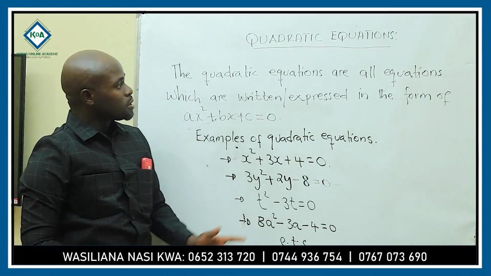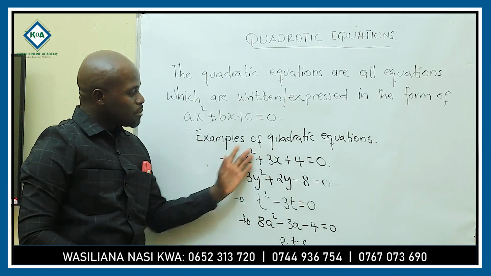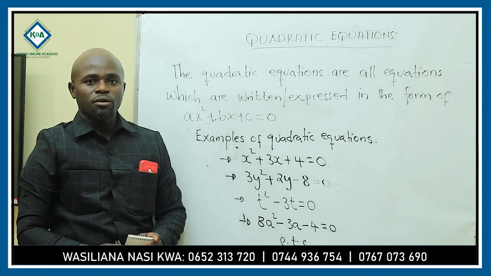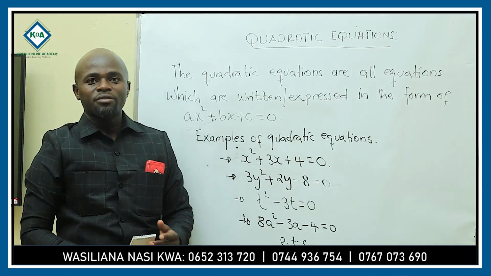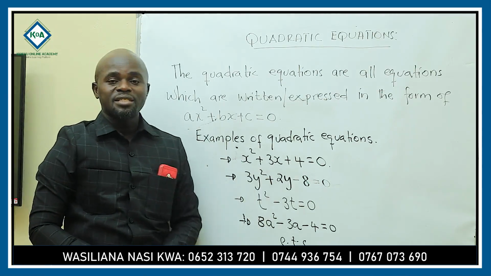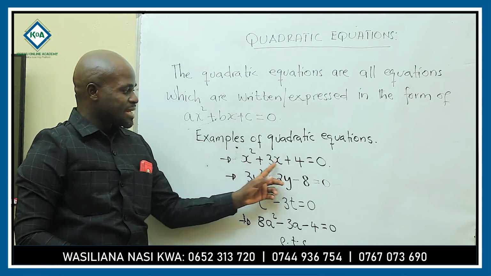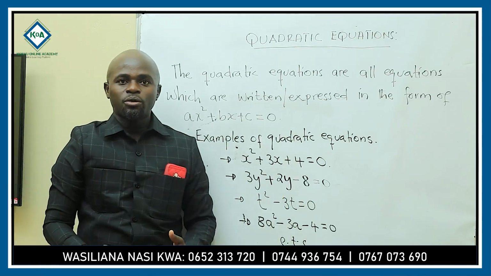Now, after looking at what a quadratic equation is and at examples of different quadratic equations, let us see how we can solve. If we speak about solving, here we are talking about how we can find the value of different letters in a quadratic equation. For example, here we have x. How can we find x? Here we have y. How can we find the value of y?